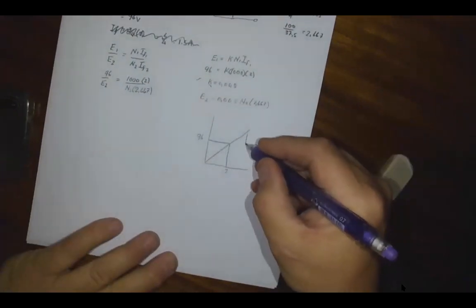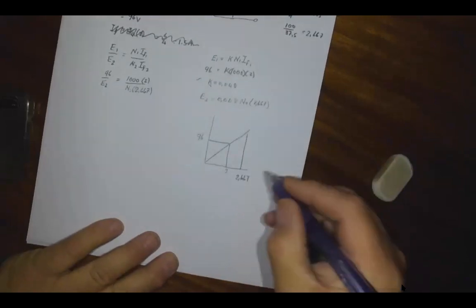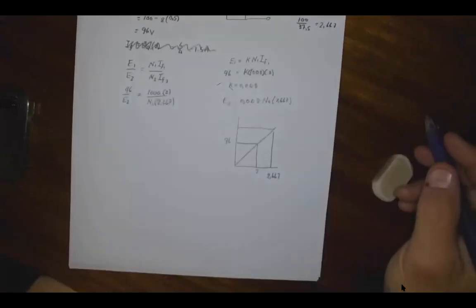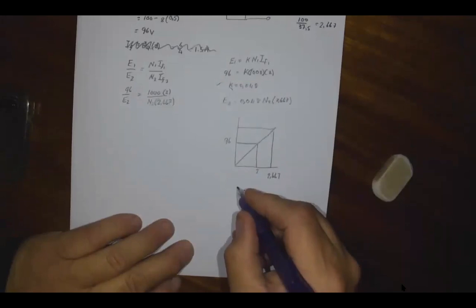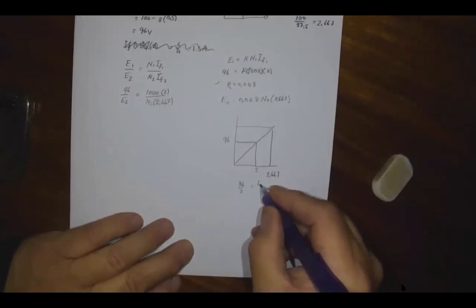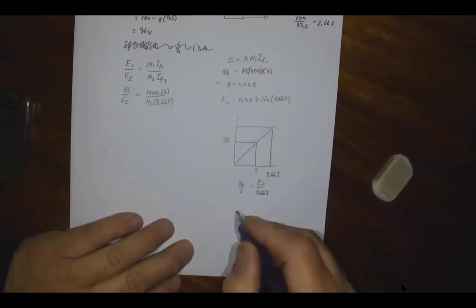So for 2.667, what is the voltage that we're going to have? So 96 over 2 must be E2 over 2.667.